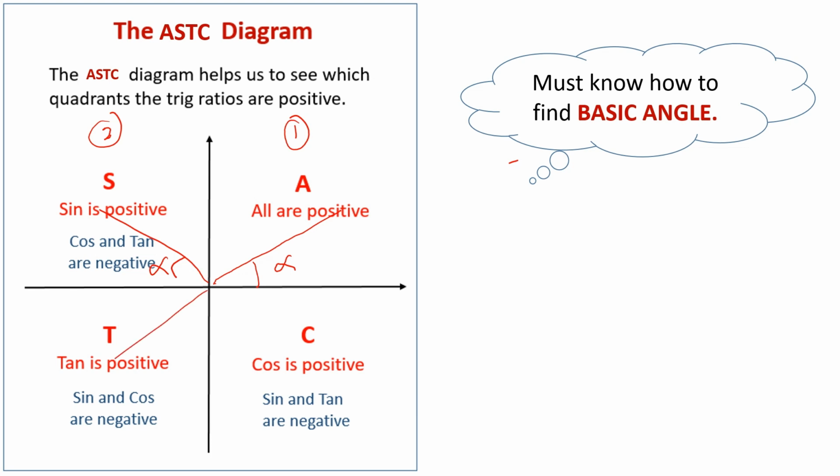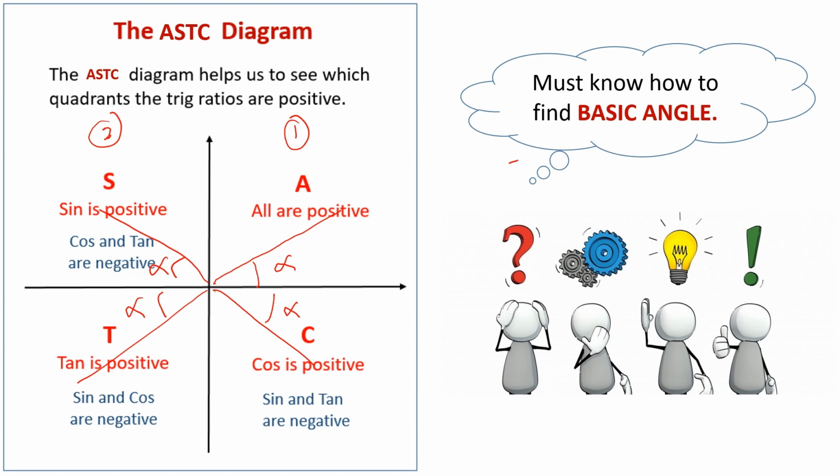Likewise, for the third quadrant, it will be here, and then in the fourth quadrant, this is where you find the basic angle. This is a part that a lot of students misunderstand, and that causes them to make errors in the process of solving equations. So just make sure that you are familiar with what the basic angle is.